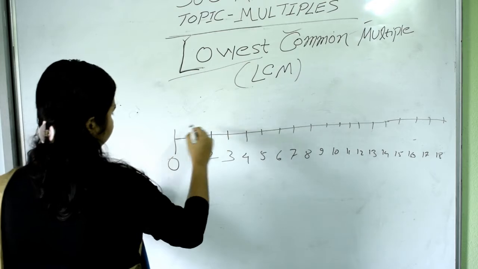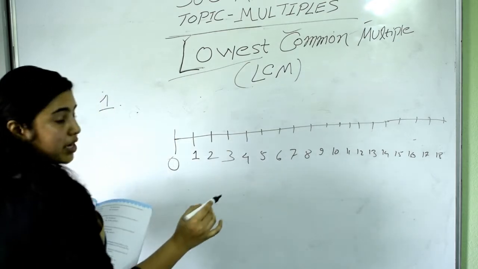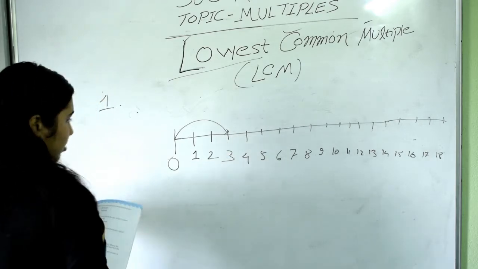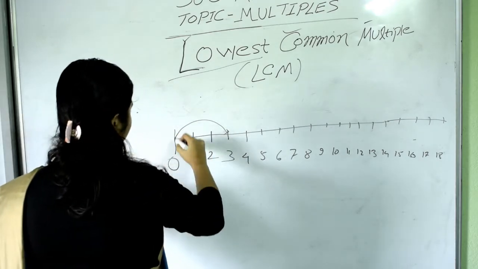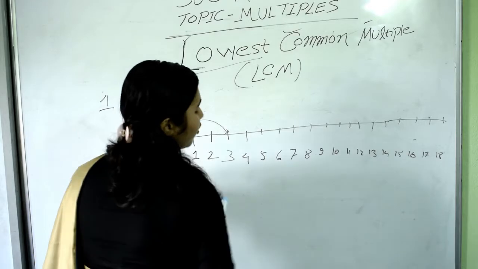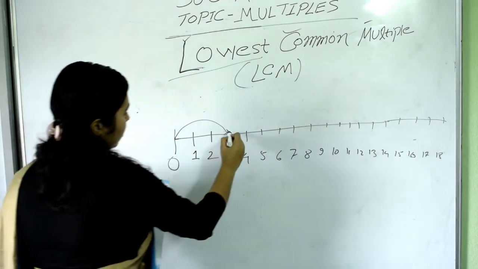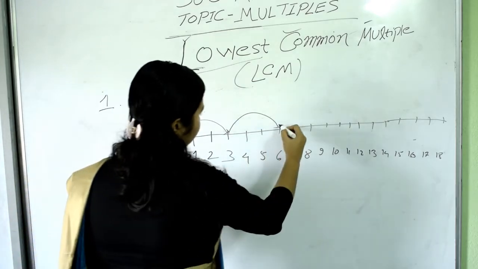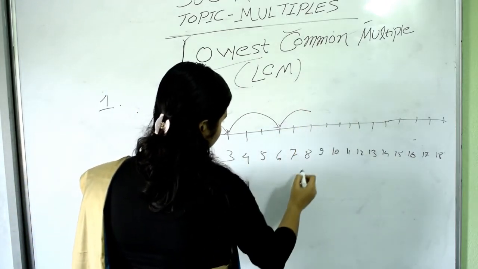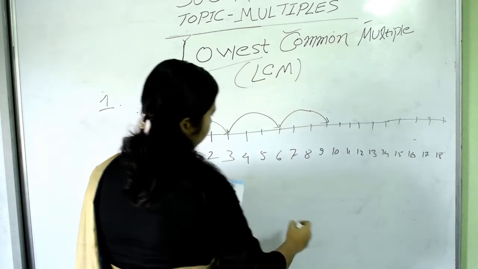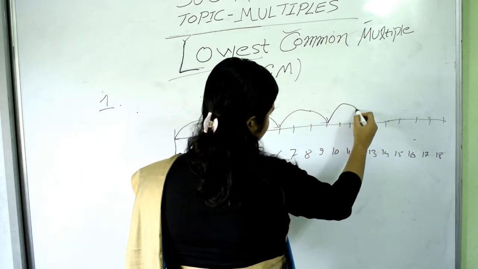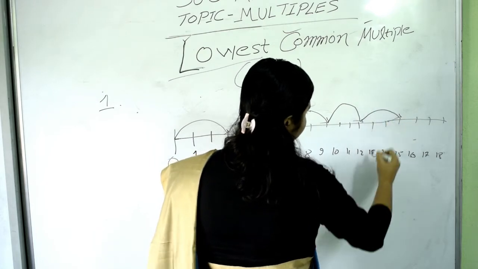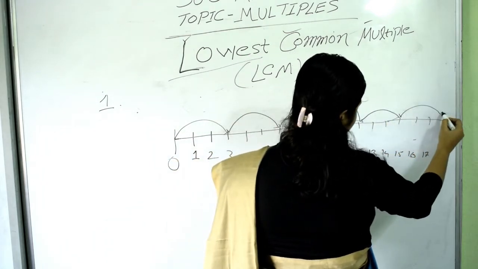Now start from 0. The first multiple of 3 is 3 itself. So for 3 we are showing on the upper side the multiples of 3. The next multiple of 3 is 6, then 9, then 12, 15, and then 18.